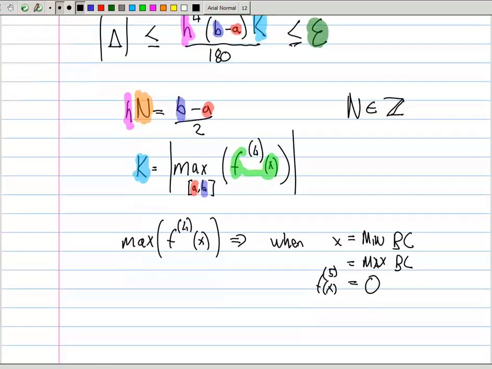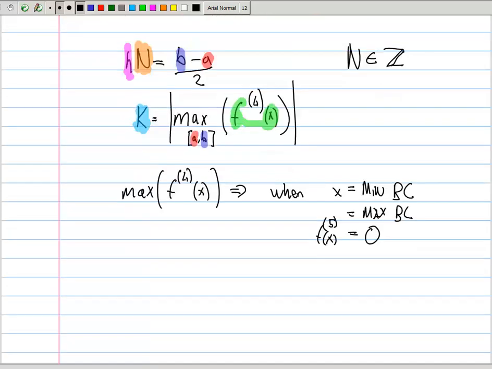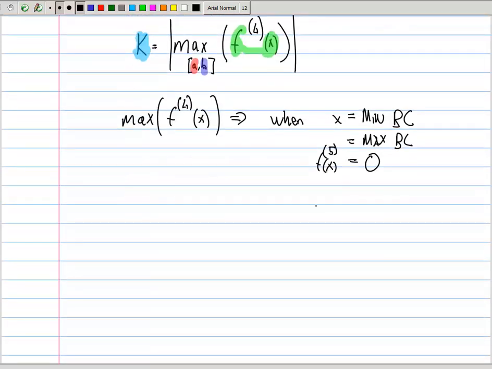The first thing to do is to get our fourth prime of f. And this is just simple differentiation. It's quite straightforward. Everything that you've done in the past, it's just a little bit laborious, so I'm going to do this quite quickly. So we know that our f of x is equal to e to the sine of x.